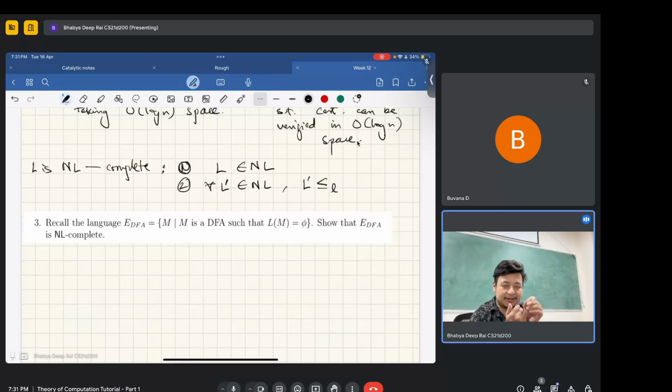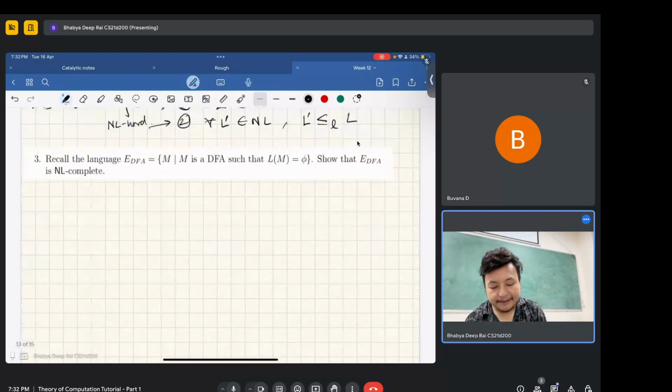It means that the reduction that you compute should be doable in log space. This is what we mean by completeness. If just 2 is satisfied, then we call it NL hard.